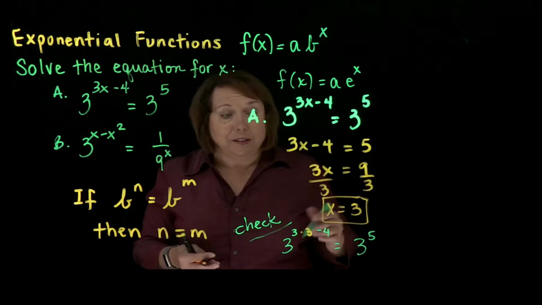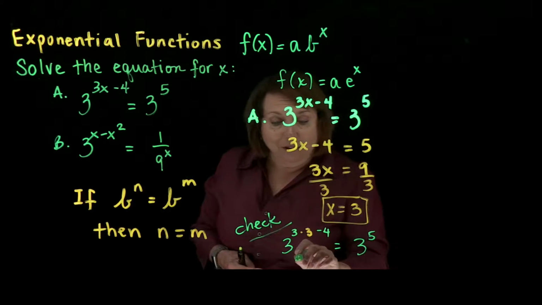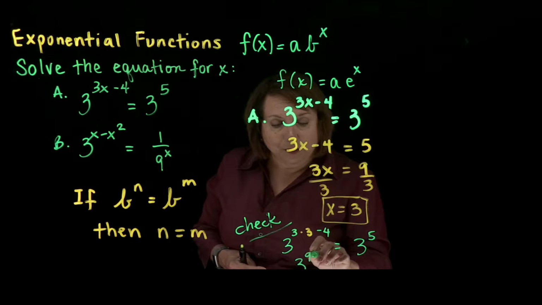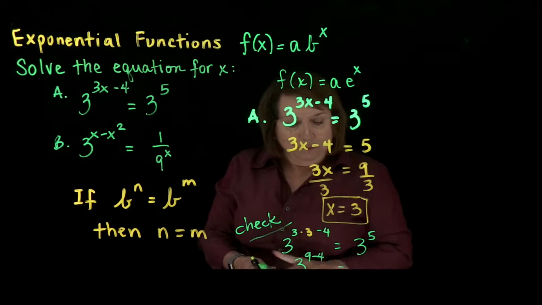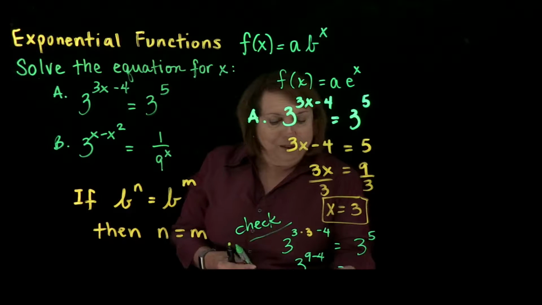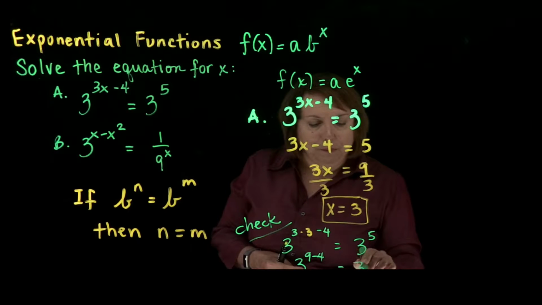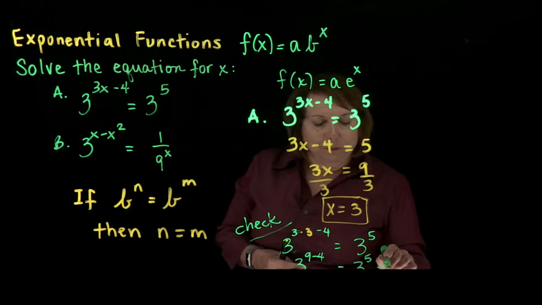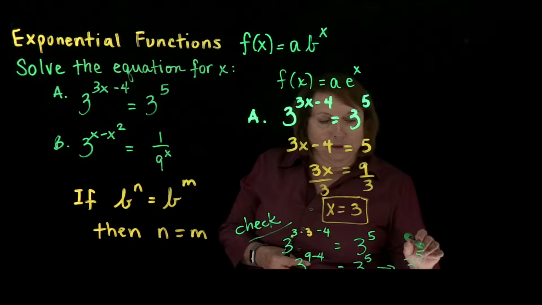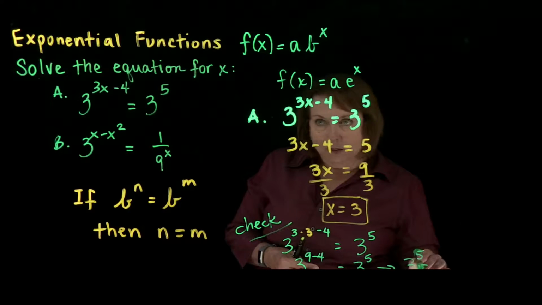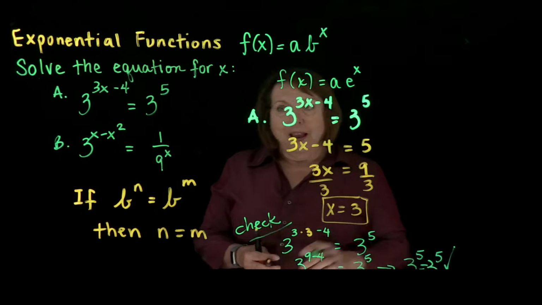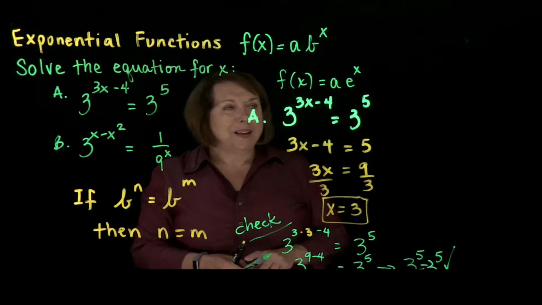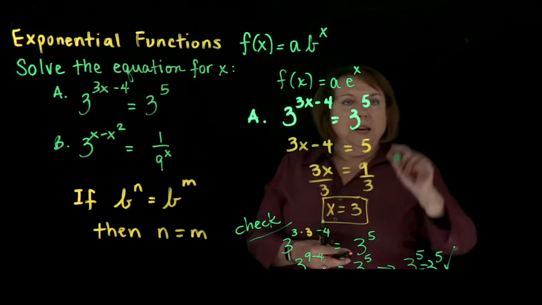The left side and the right side should look the same if that is true. Since 9 minus 4 is equal to 5, this is indeed true. 3 to the 5th on the left side is equal to 3 to the 5th on the right side. And we have checked. Let's look at B now.